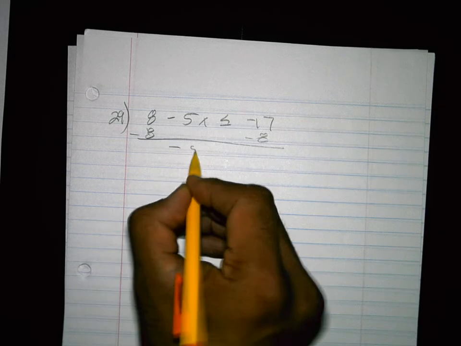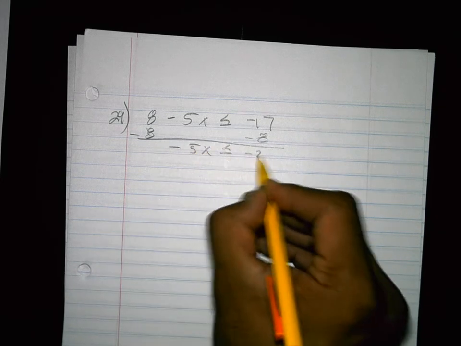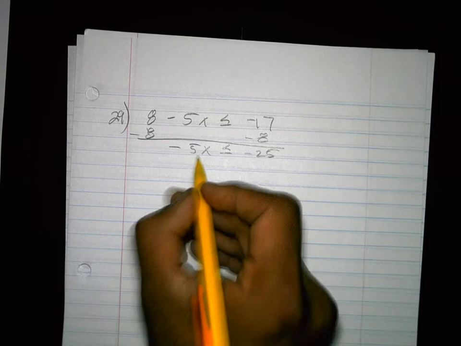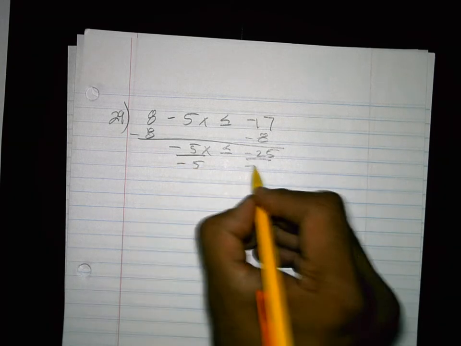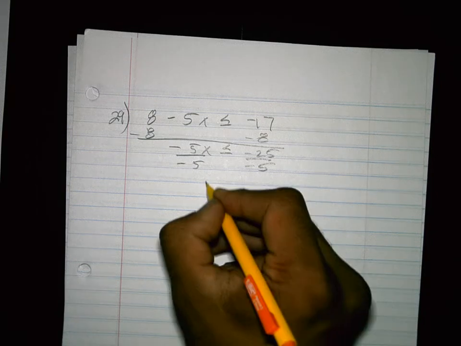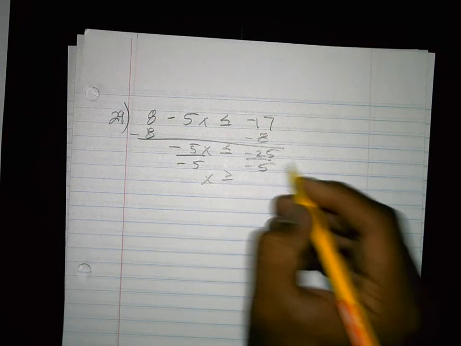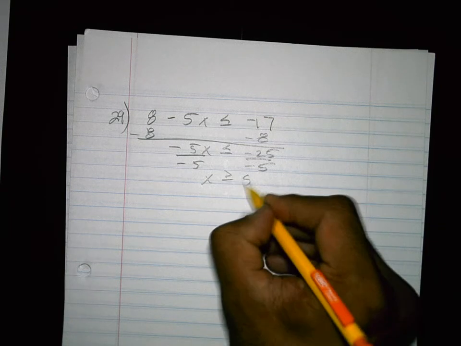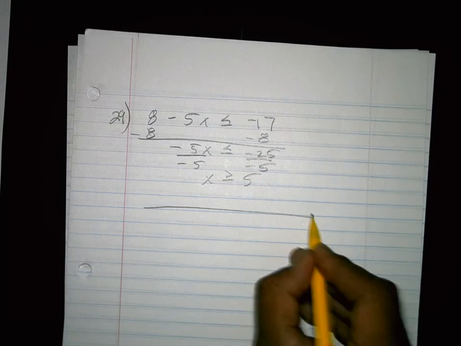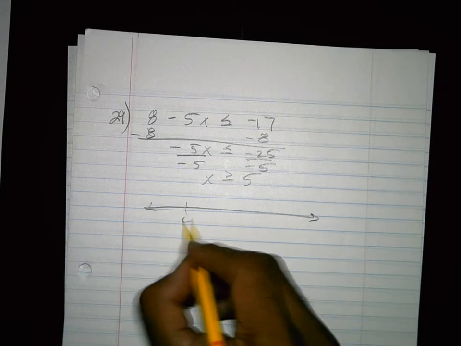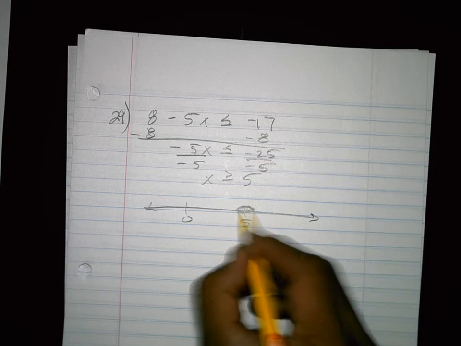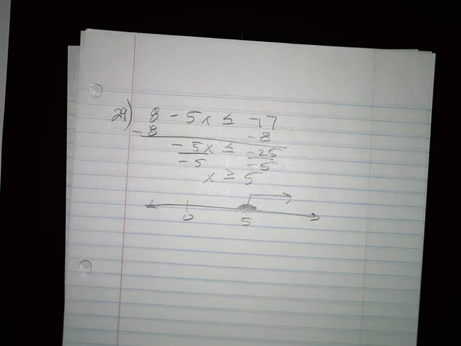All right, so I get negative 5x is less than or equal to negative 25. Then I'm going to divide by negative 5. So right here I just divided by a negative, so that means I have to flip my inequality sign. Okay. If I was to graph that, it would be a closed circle and it'd be going that way.